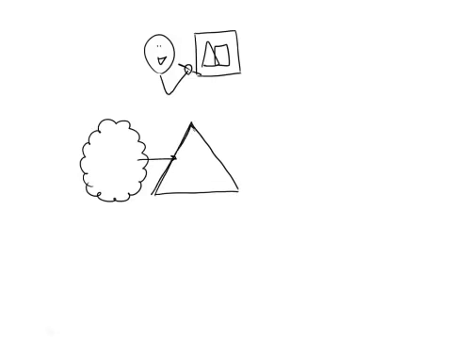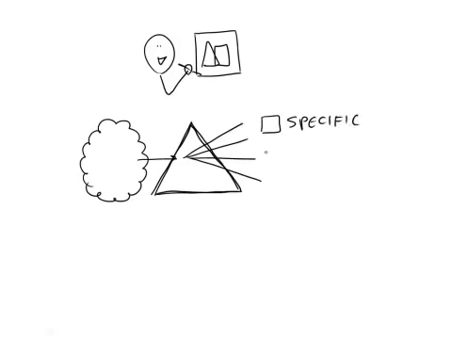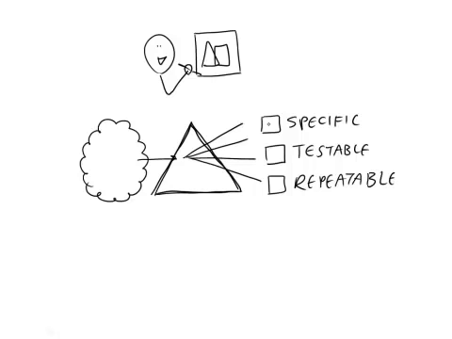We're going to change our perception into a process which is specific, which is testable, and which is repeatable. We are going to show them that the creation of pictures to solve problems can be done in a specific way. It can be tested and it can be taught and it can be repeated.